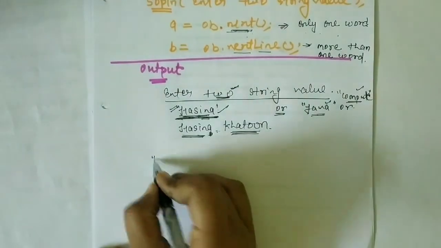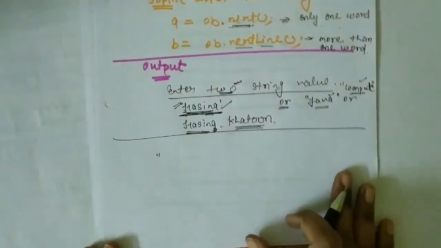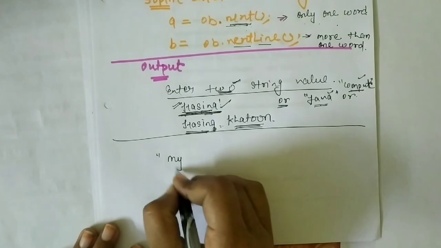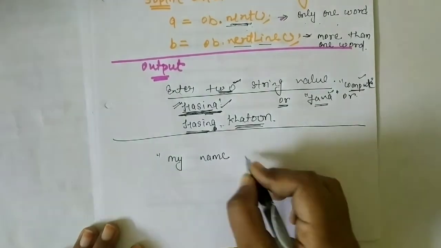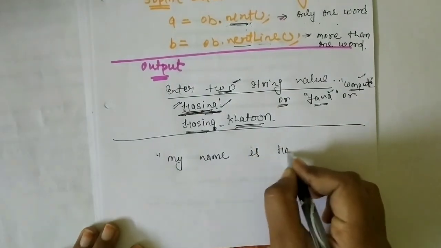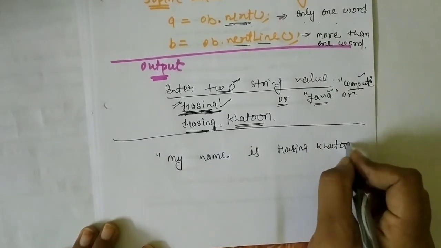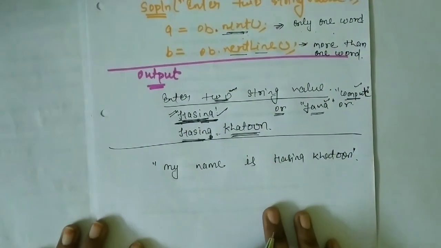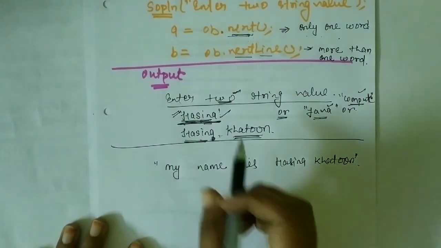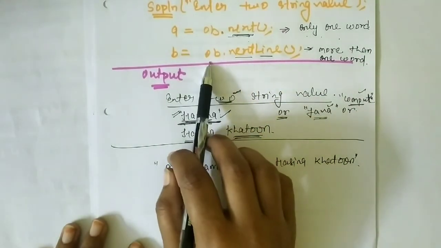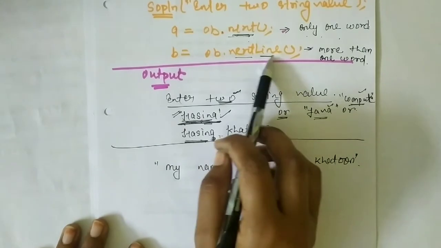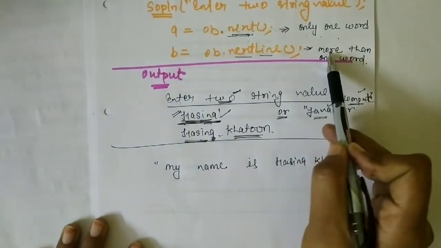Suppose we have to enter "my name is Hasina Khatun." Which function do I use? I use the second one, object dot nextLine, because it accepts more than one word.